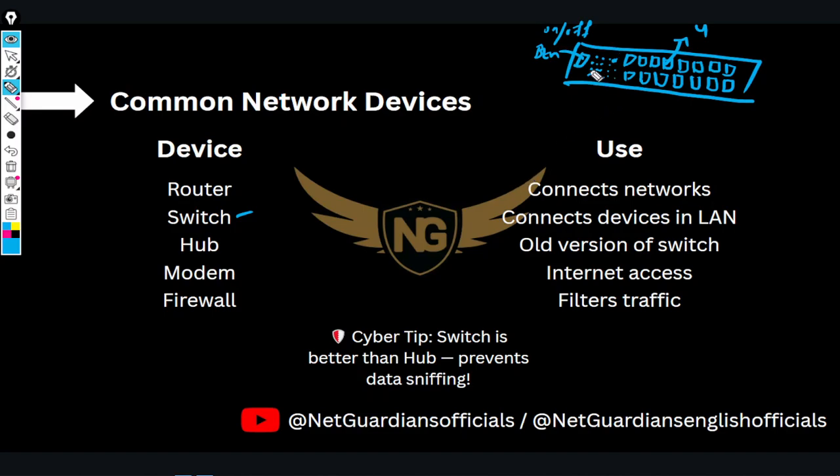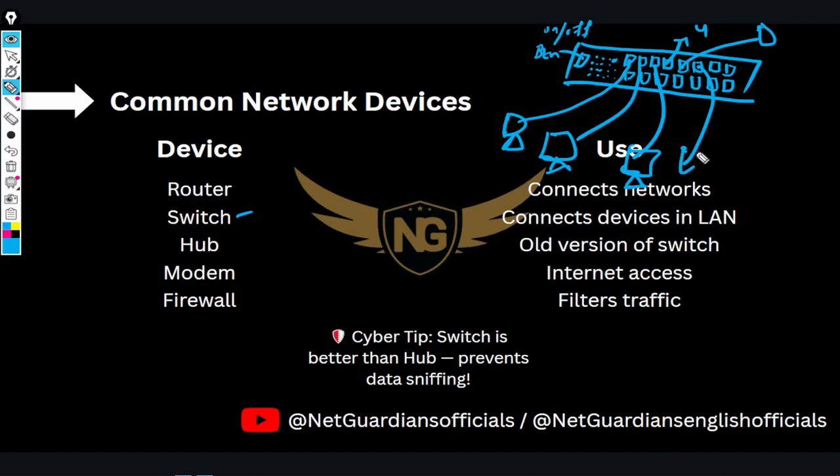So what can I do with this switch? I can take all my devices and connect them. Suppose this is my laptop, I will connect it through a wire. This is another PC, this is another PC, this is another laptop or system, and something like that. I share all the connections with cable. Which cable are we using here?